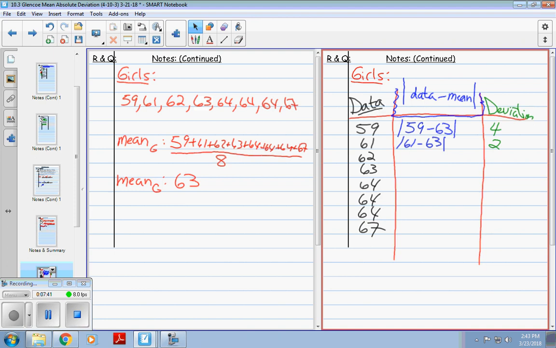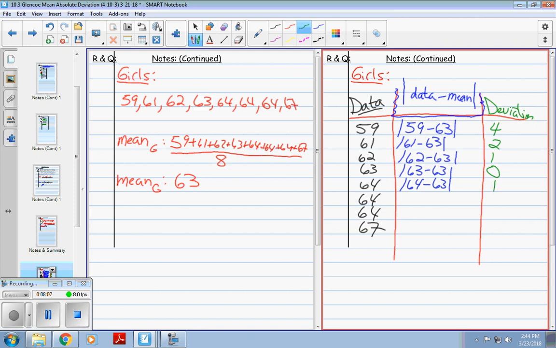Then we perform it with 62. We're going to keep on doing this. Notice, none of this math is really hard, but I can definitely see how it's long. That deviation is 1. And then we're going to do it with 63. 63 take away 63 is 0. Absolute value is 0. Not hard. And then we're going to do it with 64. That gets us a 1, which turns it into a 1.